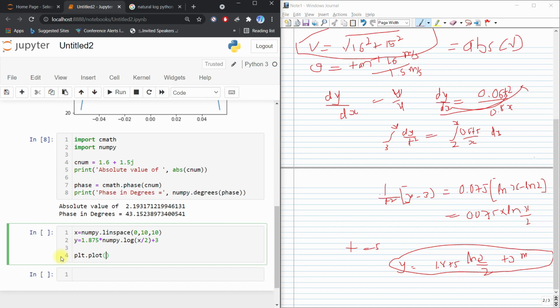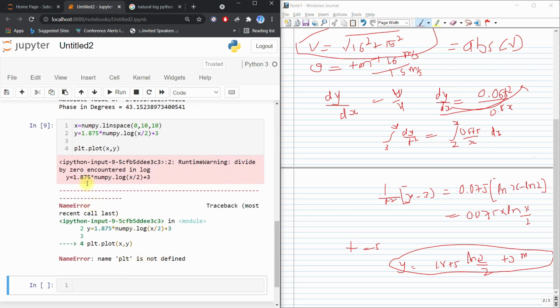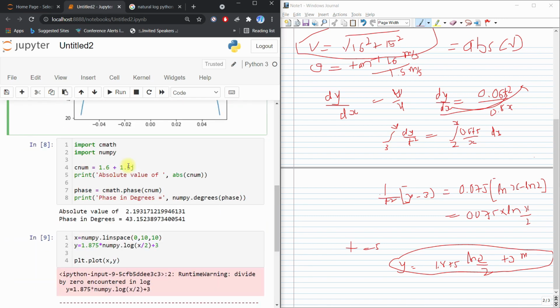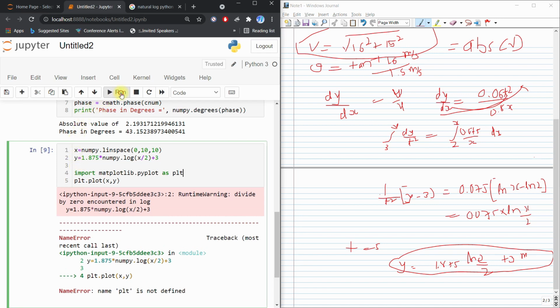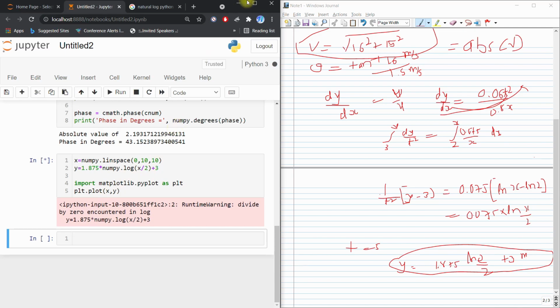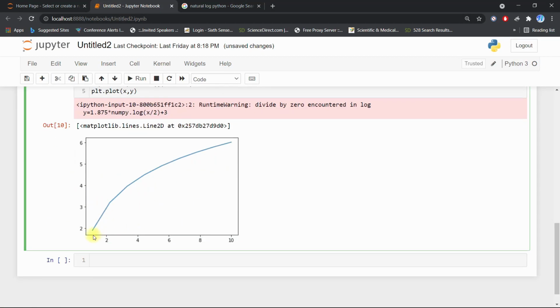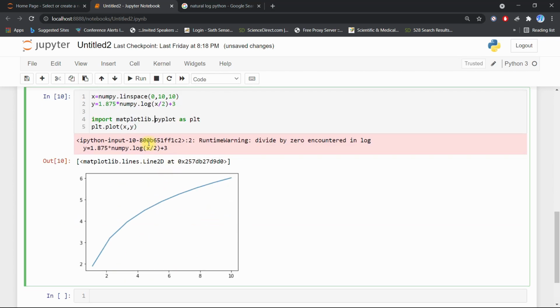If you run this code, you get plt is not defined, because I had not written the command import matplotlib.pyplot. I will write it here and run this code. Here you can see that I got the graph of the streamline function of this bubble.